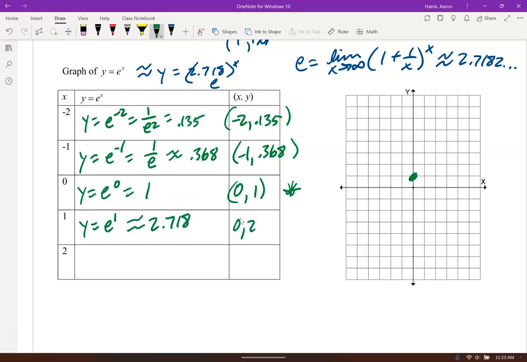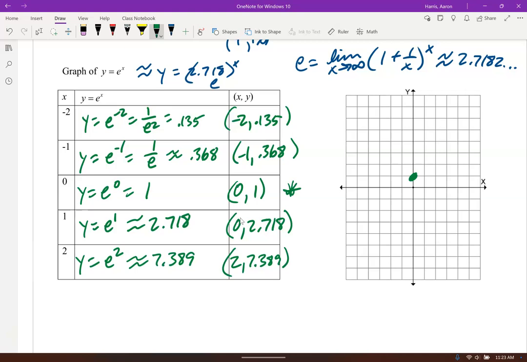So 1, comma 2.718. And then let's plug in 2, e squared, and I get, let's see, that would be 7.389. So 2, comma 7.389.